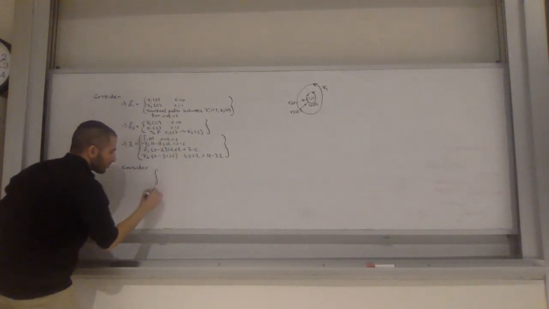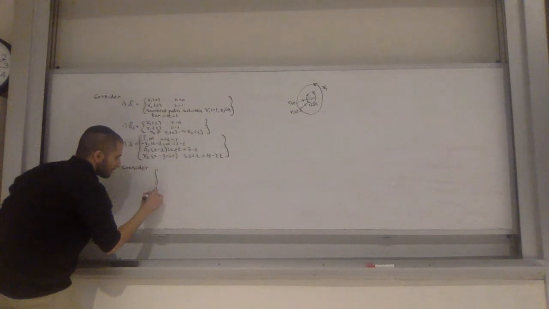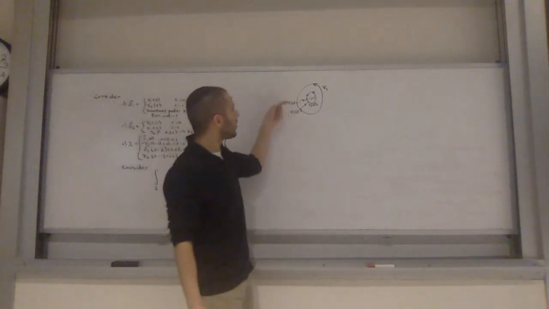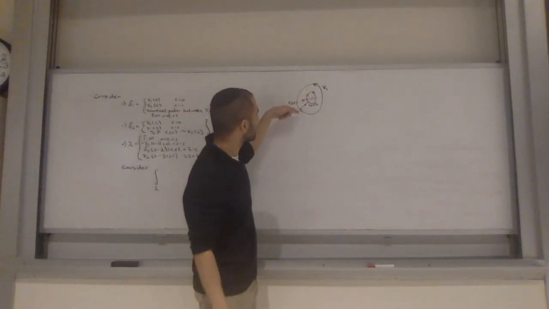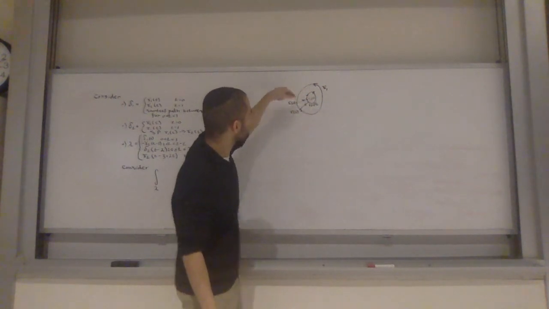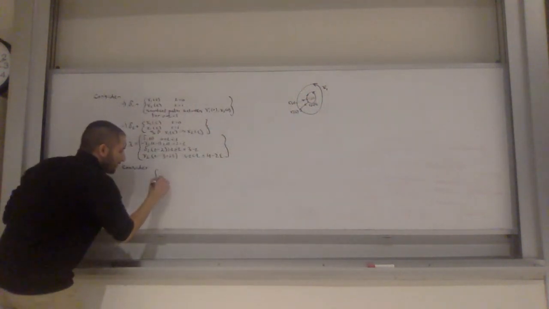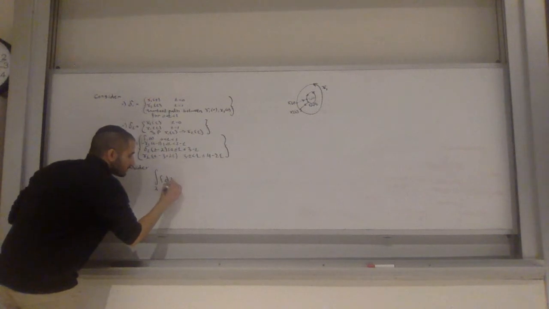Consider then the integral along lambda. The integral along lambda is this, back down, and all around of f dz.